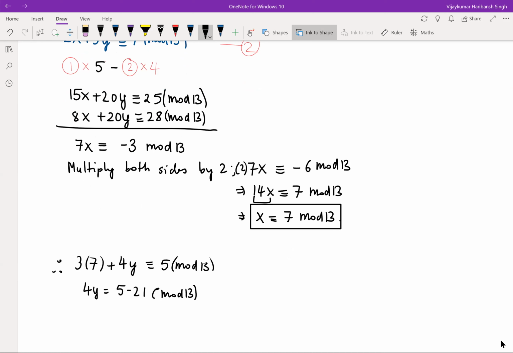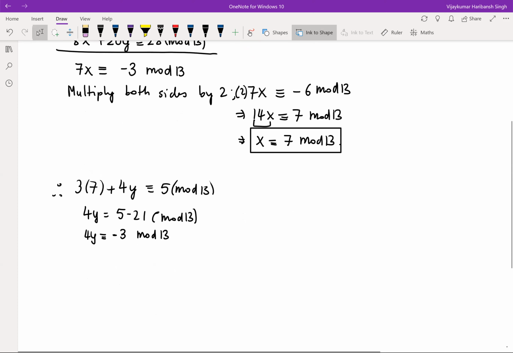What is 5 minus 21? It is minus 16. So we get 4y is congruent to minus 16, which is the same as minus 3 mod 13.